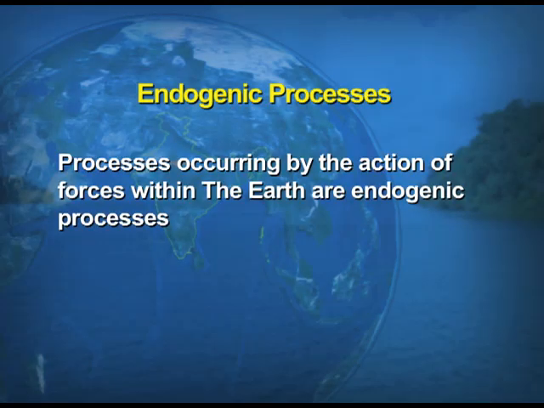Now endogenic processes, the processes occurring by the action of forces within the earth, are known as the endogenic processes. As I have just told you, my dear children, endogenic processes means the processes which are internal.